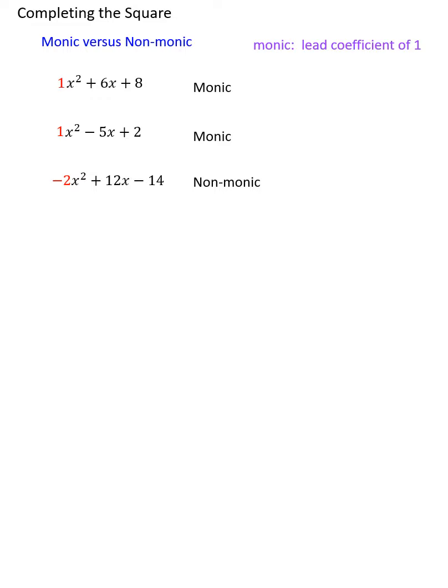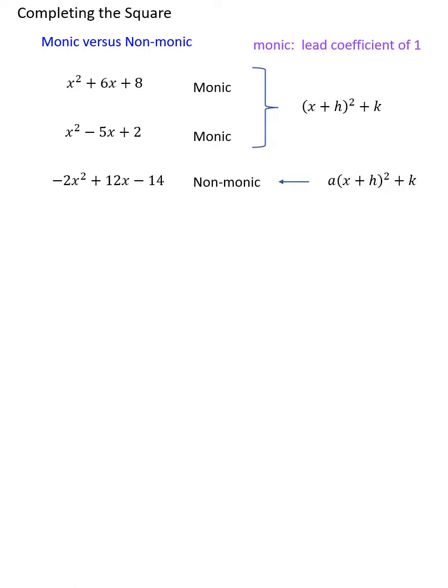And so now that we know the difference between monic and non-monic, it's relevant for this video because when you have a monic trinomial, such as the top two, you're going to be able to convert it into a completed square format as shown on the right. By contrast, when you have a non-monic trinomial, such as the last one, you're going to have to convert it into a slightly different format.